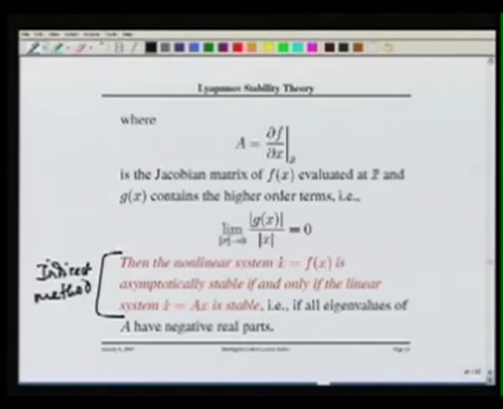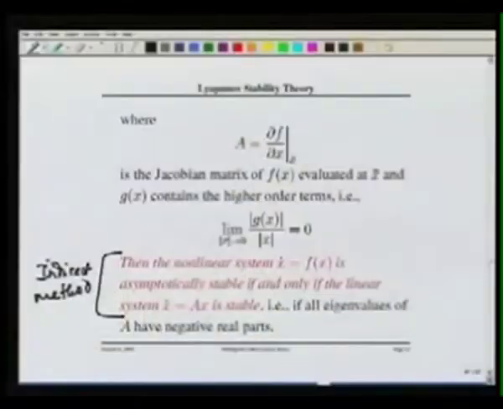So, how do we determine whether the system is stable or not? This is a definition of how to determine whether a system is locally stable, stable around an equilibrium point.